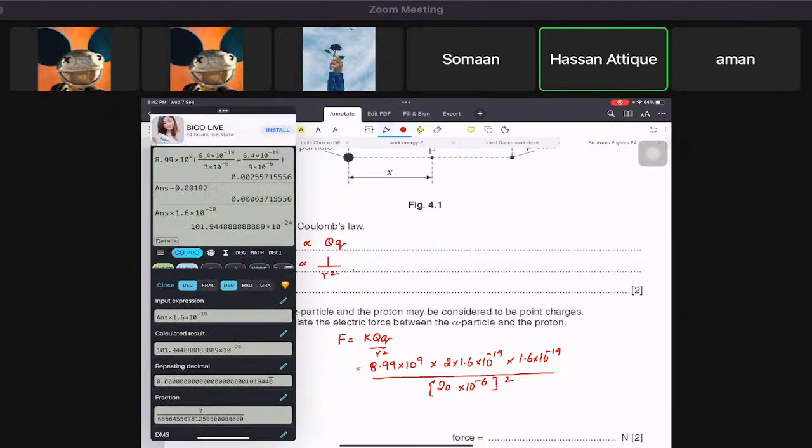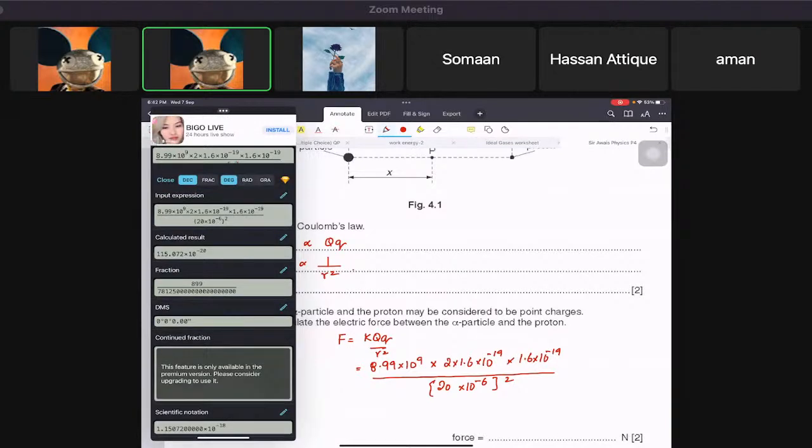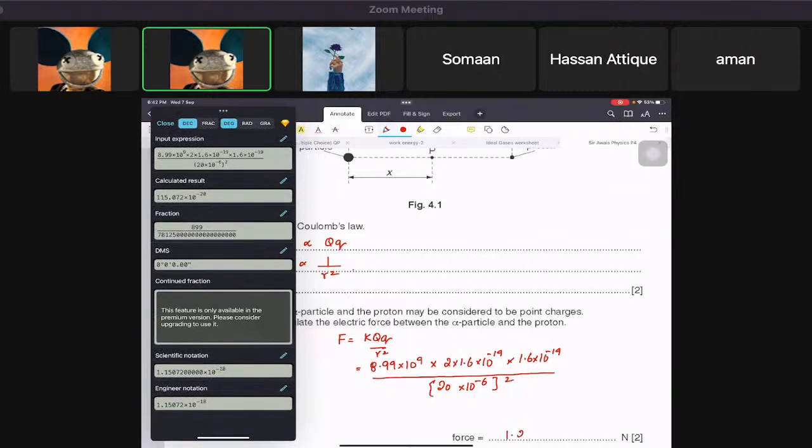So you write 8.99 times 10 raised to power 9, multiplied by 2 times 1.6 times 10 raised to power minus 19, times 1.6 times 10 raised to power minus 19, divided by 20 times 10 raised to power minus 6, and you take the whole square. This is going to be 1.2 times 10 raised to power minus 18 newtons. So that's pretty simple.